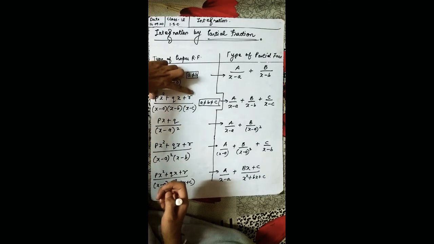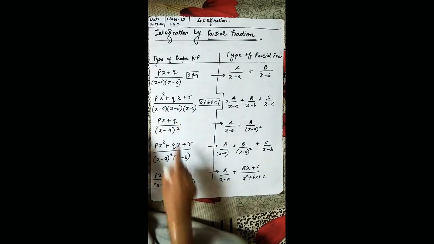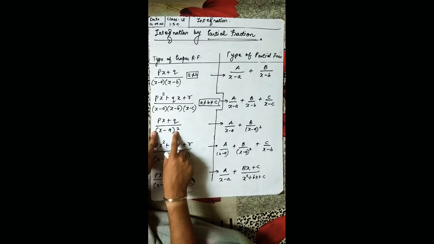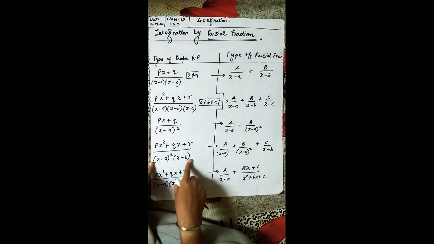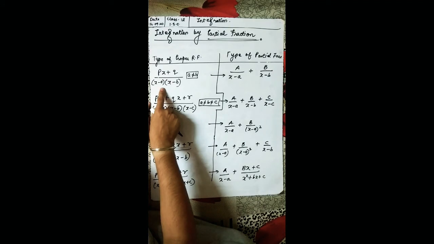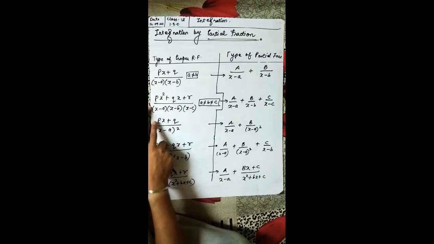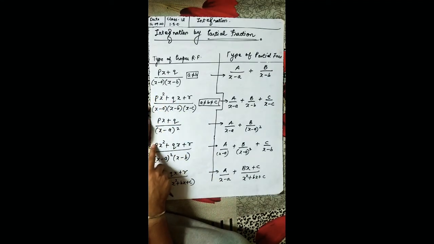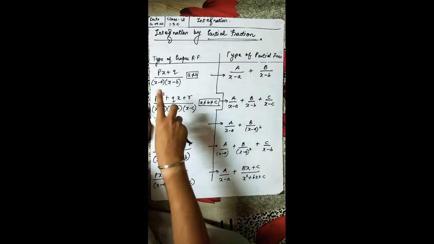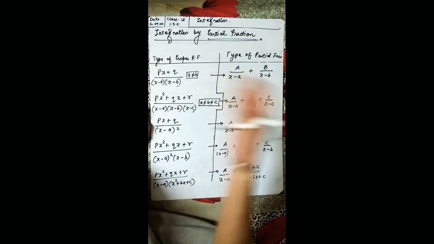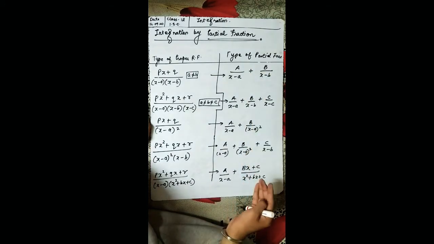This is called quadratic non-repeated. This is called linear repeated, and this is called quadratic repeated. So in such four cases, you have to use their respective partial fractions.